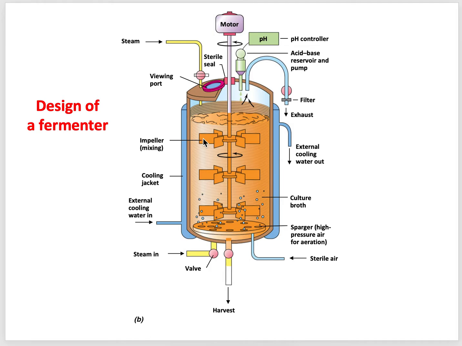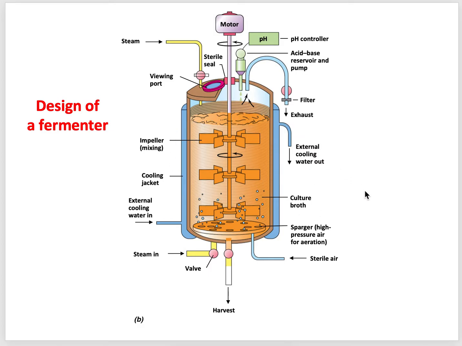And a fermenter also has several other parts or equipment to control many different parameters, the parameters which are essential to run the process efficiently, like a pH controller and a temperature controller. For controlling the temperature, usually water is used, so the fermenters are usually wrapped by a cooling jacket.